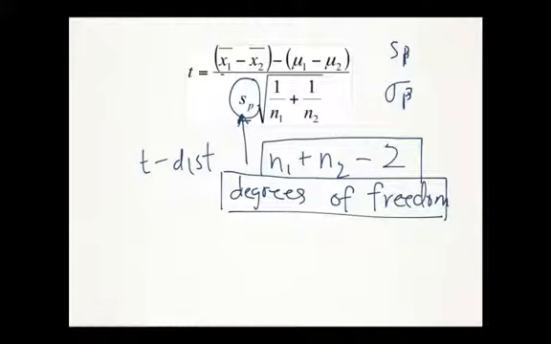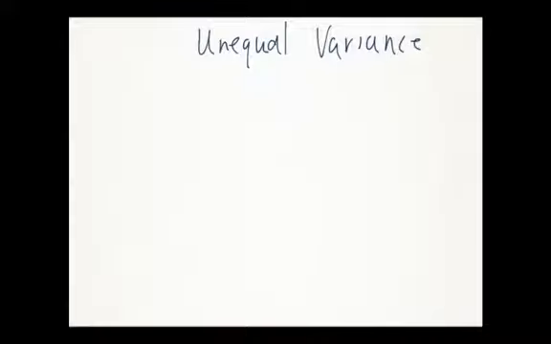Okay? So again, that's the case where we're willing to assume equal variances. What if instead we look at our data and it doesn't look like the variances in the two groups are equal? And we're not willing to assume that they are equal, so we have to work with unequal variances, okay?